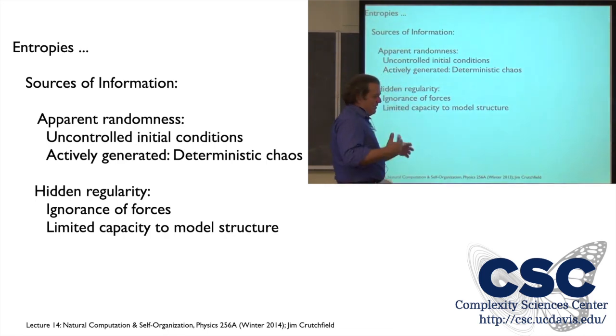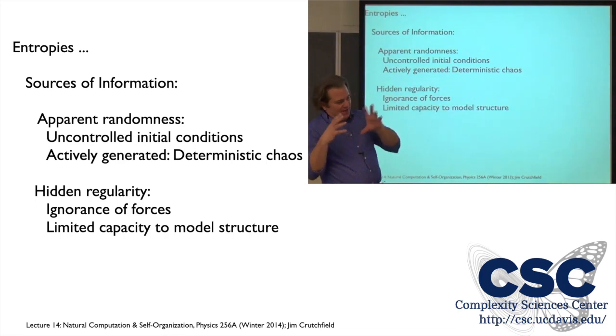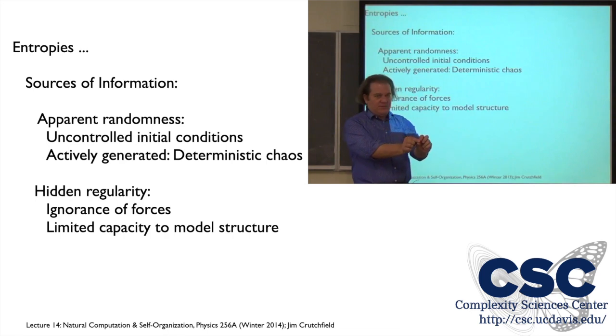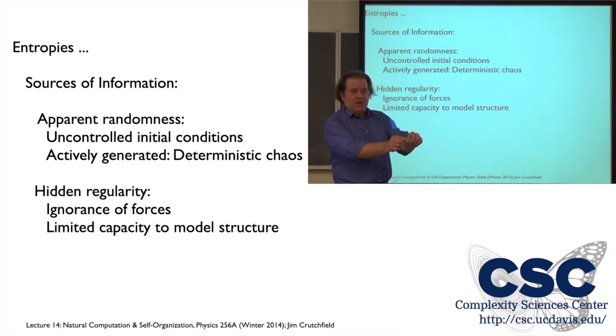So apparent here is we're going to be thinking about us at the end of the chain, and this data is coming in. And we have all these observations and tentative conclusions about what's going on in the data. There were at least two kinds of uncertainty or randomness that we've talked about so far. One was, if you think back to the dot spreading experiment, uncontrolled initial conditions. There was some small square in the state space of the system inside of which I couldn't exactly determine the initial conditions, and that had a consequence.